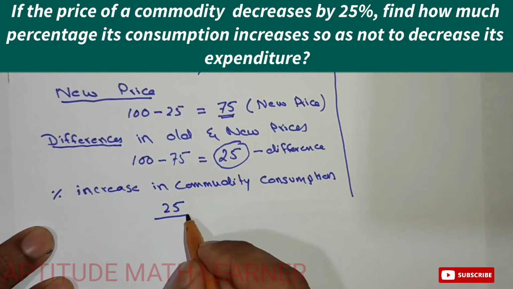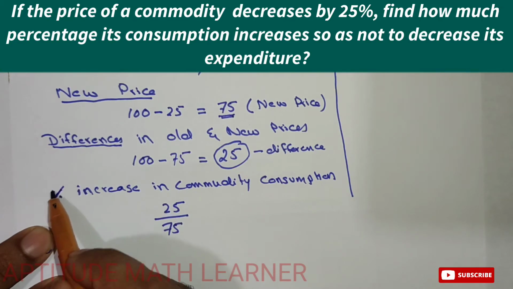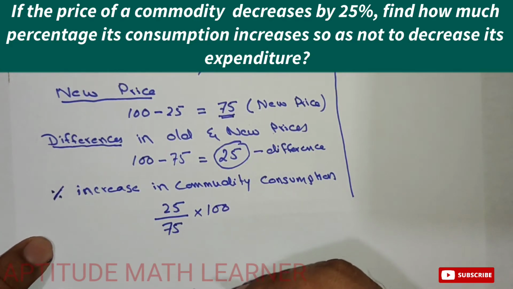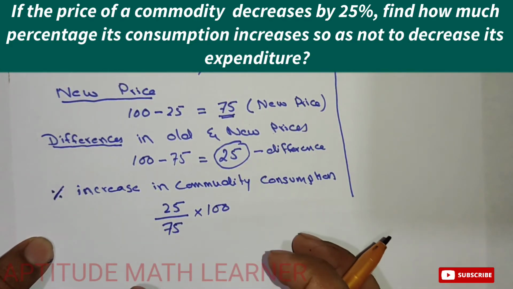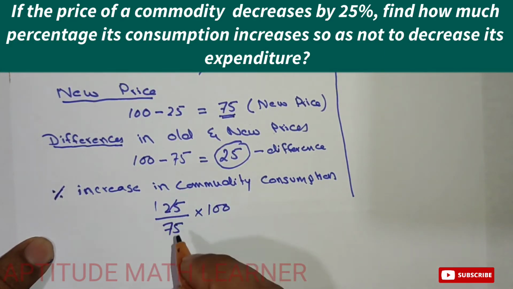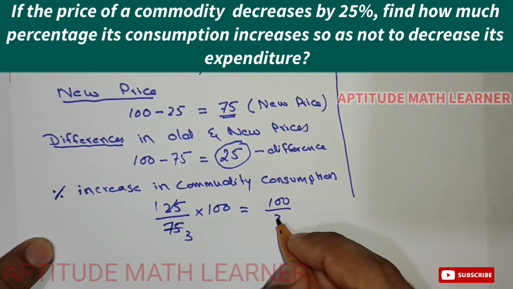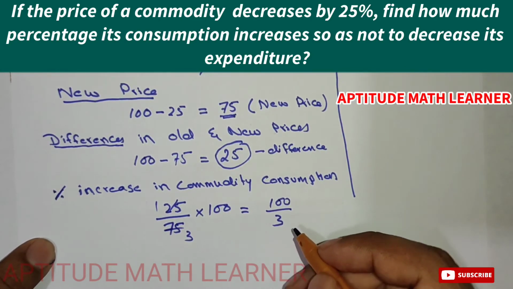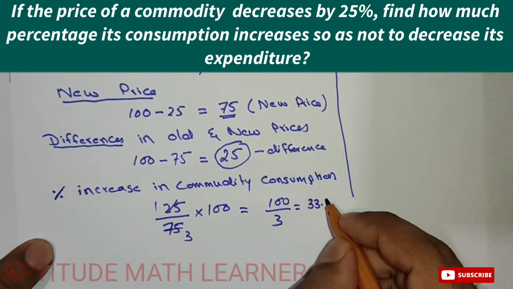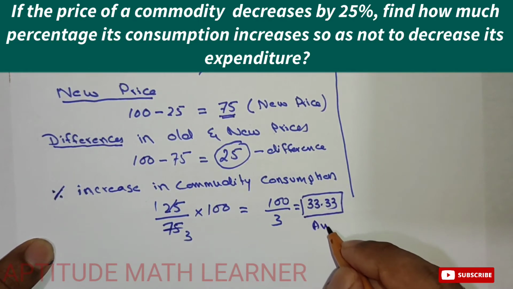So 25 upon 75, and for the percentage we multiply it by 100. So 25 ones are 25 and 25 threes are 75, so here we have got 100 upon 3. After dividing 100 upon 3, we get the answer, 33.33, and this 33.33 is our answer.